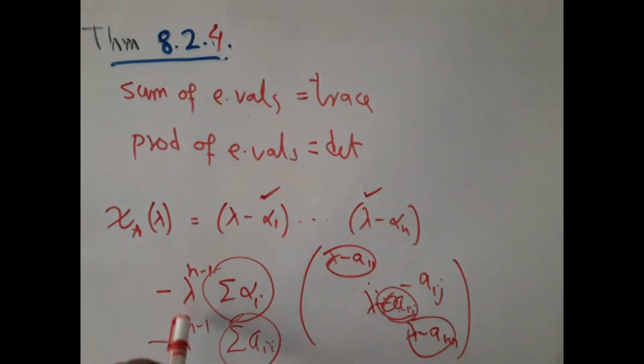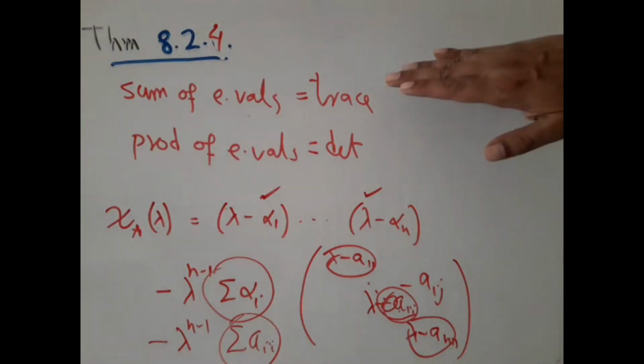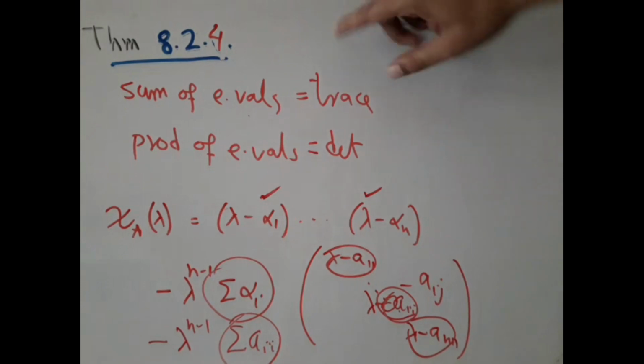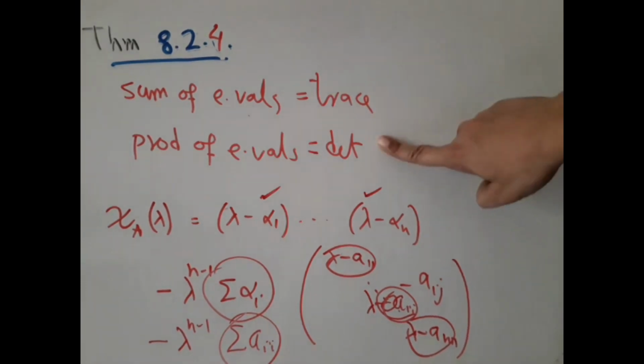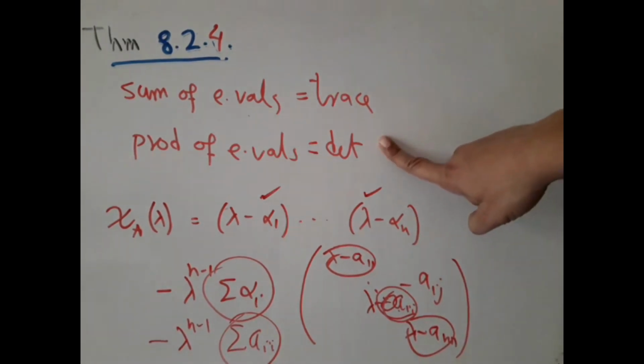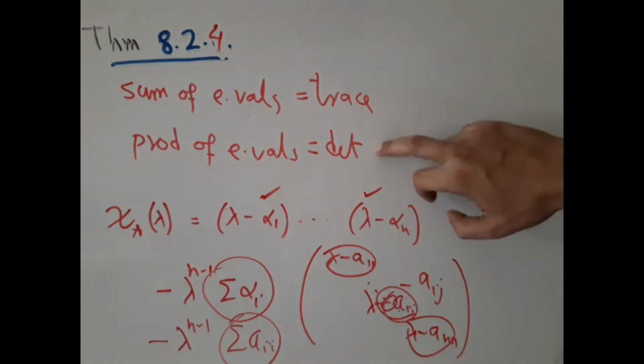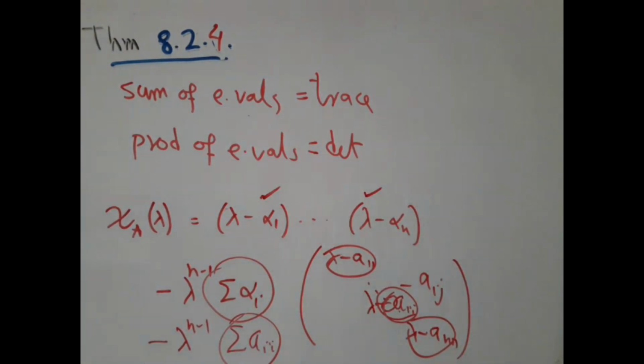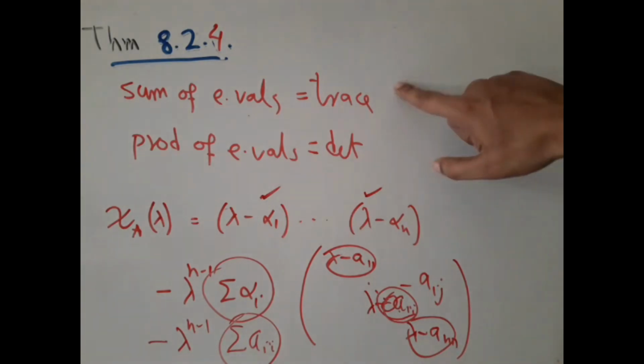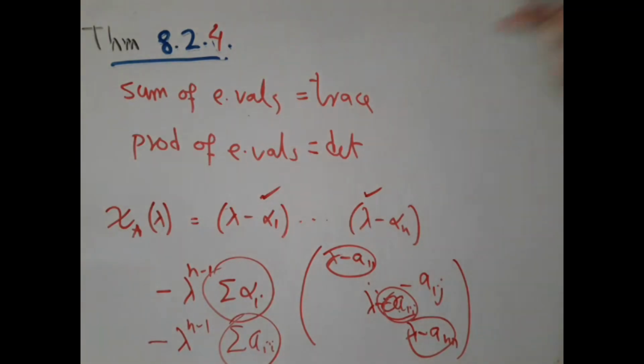So from every term in the polynomial you can get one such equality. When you are considering the lambda to the power n minus 1 term, you get this equality. When you are considering the lambda to the power 0 term, that is the constant term, you will similarly get this equality. You can get one such equality from all the terms, but they do not have nicely describable right hand sides.